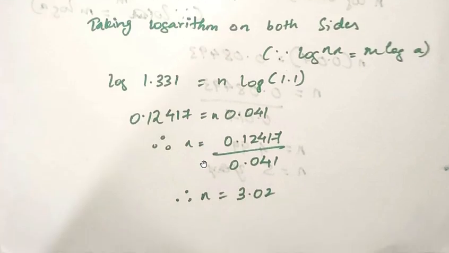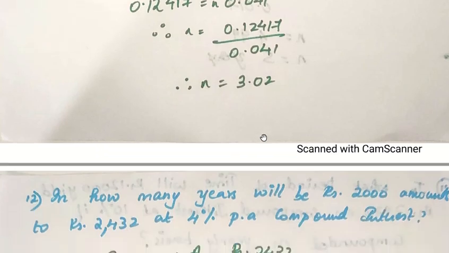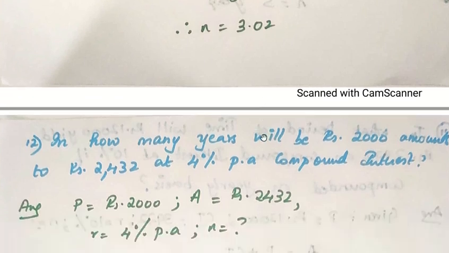In your calculators you will have a symbol called log. Log 1.331, if you put, you will get the value as 0.12417, and log 1.1 value is 0.041. Therefore n is equal to 0.12417 divided by 0.041. n is equal to 3.02.